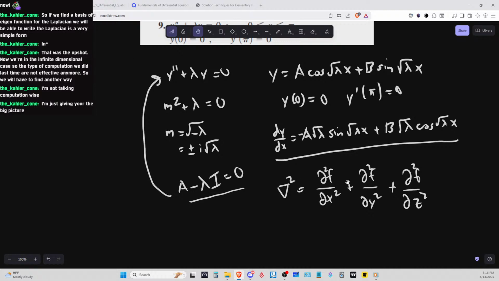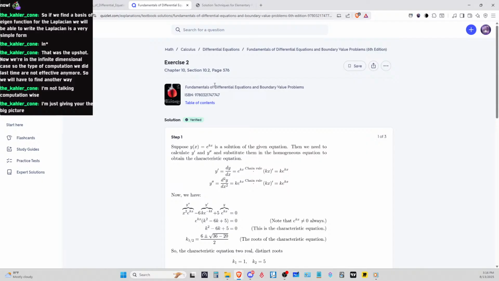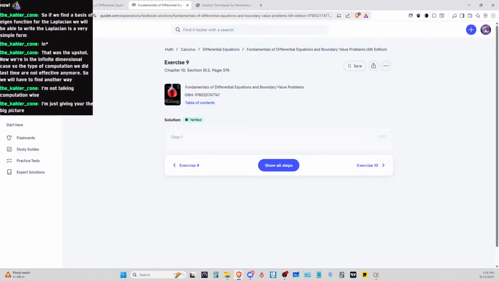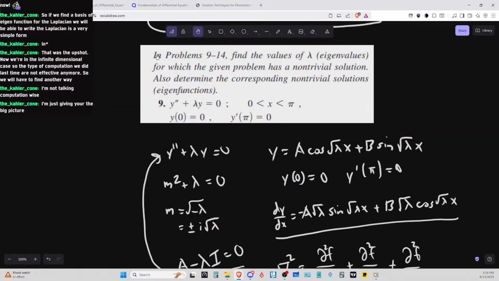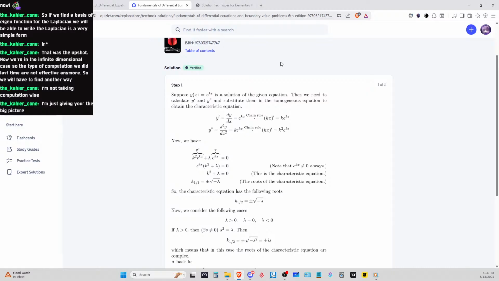I guess we spend so much time looking things up, maybe we should check out what the answer is, like how they do the solution. So it's number 9. Yeah, it's number 9. Okay, let's see how they did this.